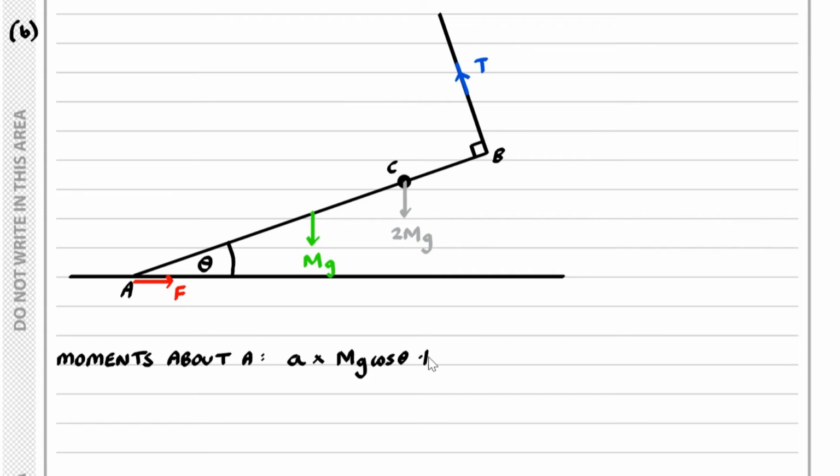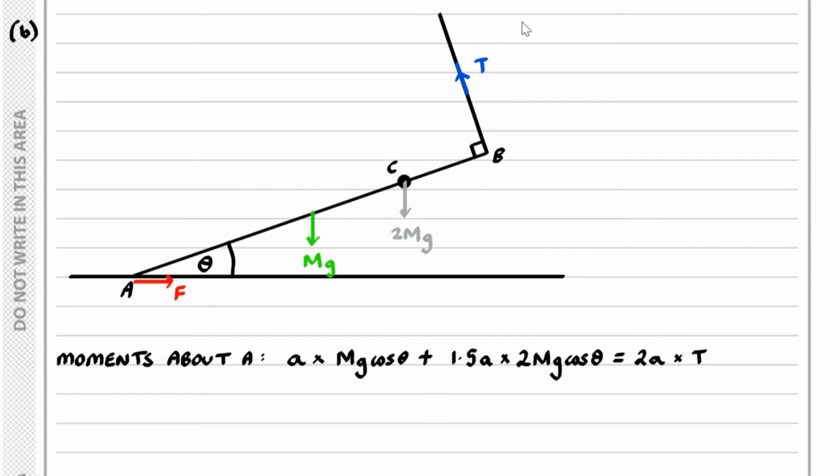And then we have the length AC being 1.5 A, and the perpendicular force will be 2 mg cos theta, and that will equal 2A multiplied by the perpendicular force T, and this is if it's in equilibrium.